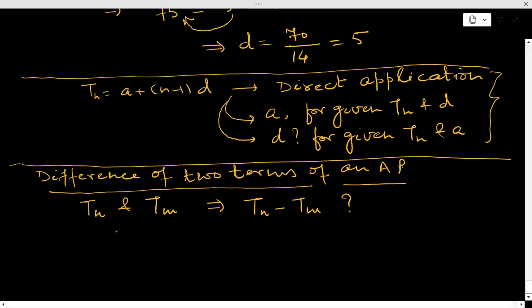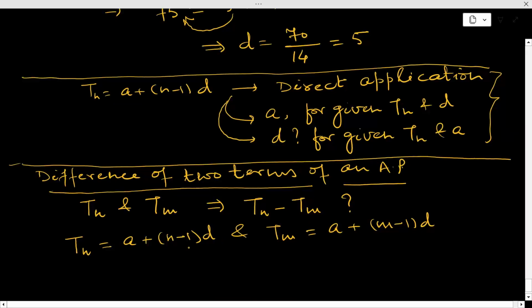Using the formula of the general term which we have already discussed, we can easily find out Tn as a plus n minus 1 into d, and we have the value of Tm as a plus m minus 1 into d.